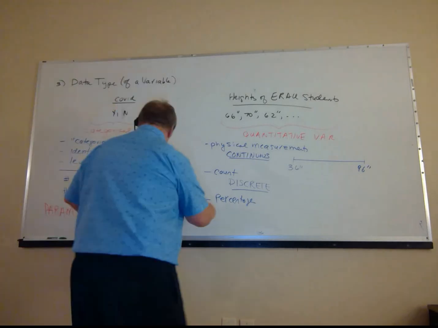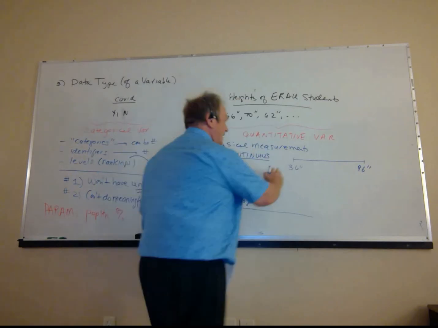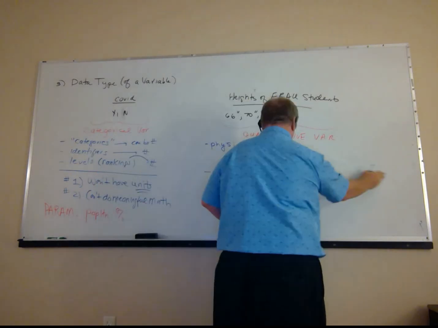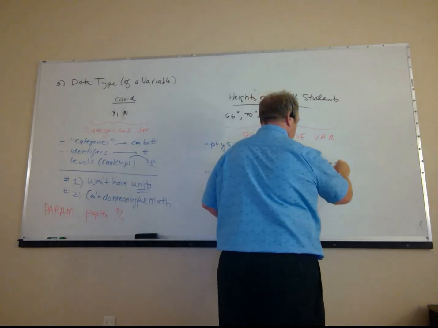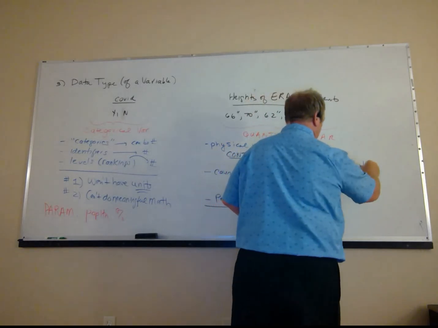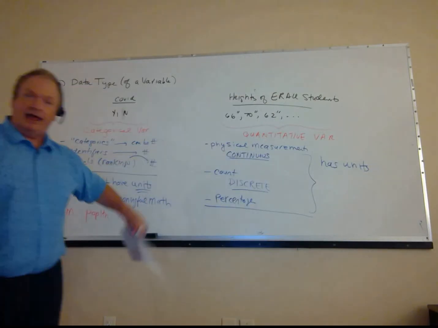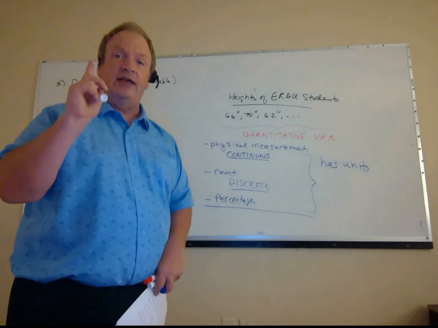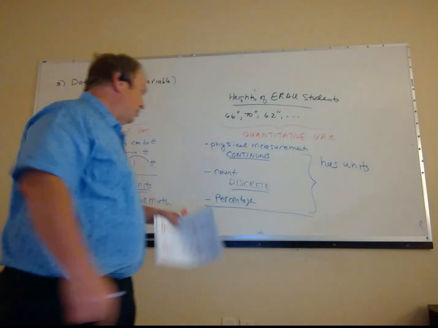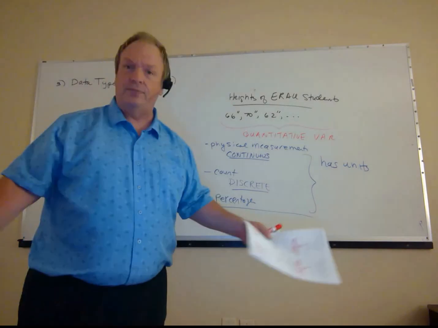The key property of a quantitative variable is that it has units. That's the key thing. Okay. Physical measurements obviously have units. Count data has units. If I count 9 cars, each one is a unit of 1 car. Percentage has units. Percentage of the whole, okay?